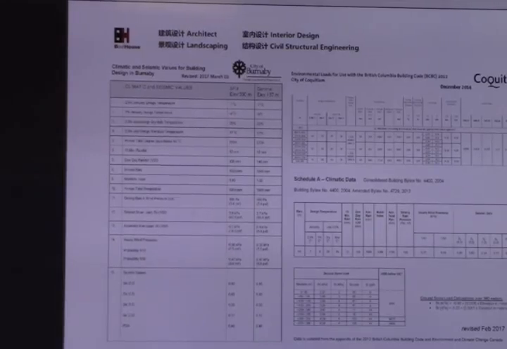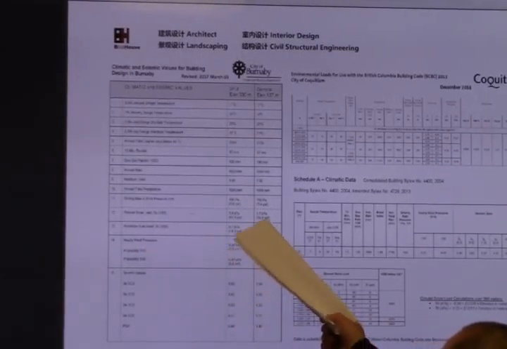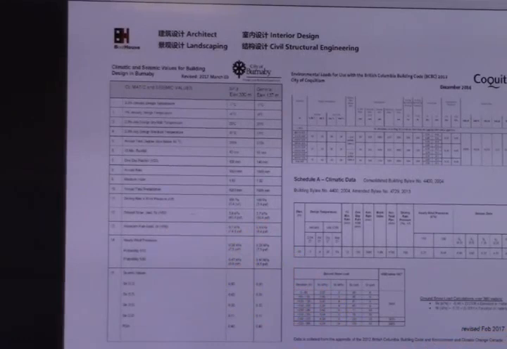Yeah, so different cities have different snow loads. This is Burnaby. In Burnaby, the ground snow load is 2.7 kPa. Yeah, it's 50 psf, 50 pounds per square foot, right? You see, very heavy.